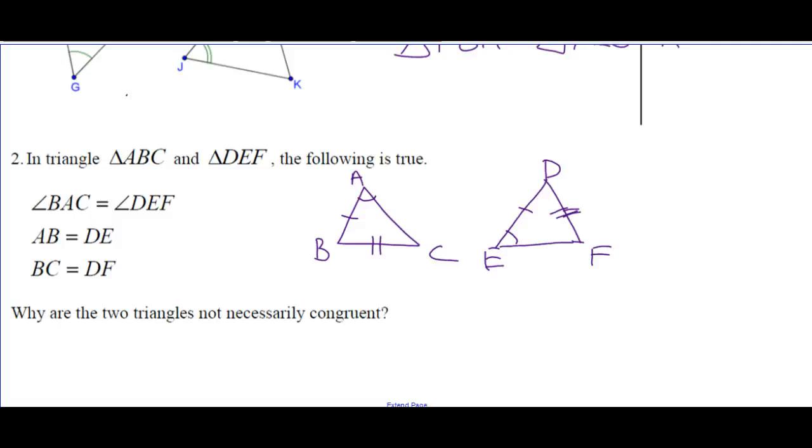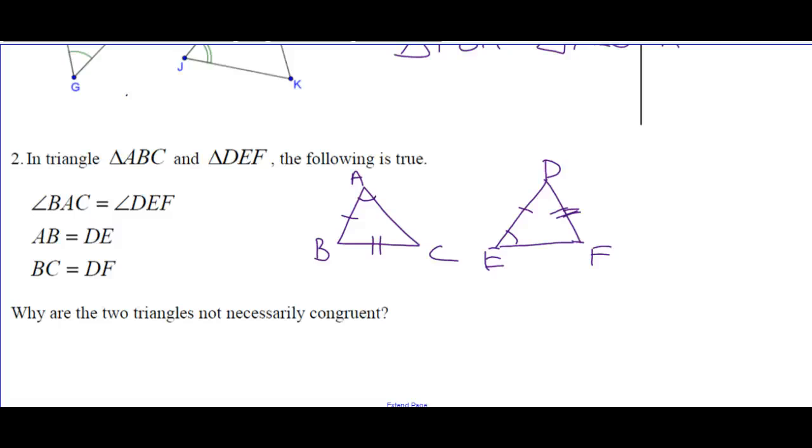Or, if you want to get yourself in trouble, angle, side, side. Yeah, and so that doesn't work if you have angle, side, side. You will make trouble for yourself if you try and use that. So they might be congruent, but we can't prove it, right?